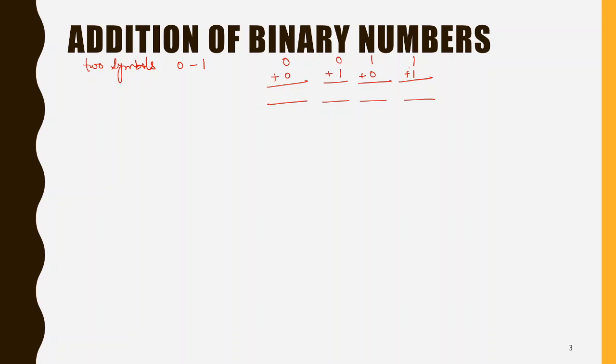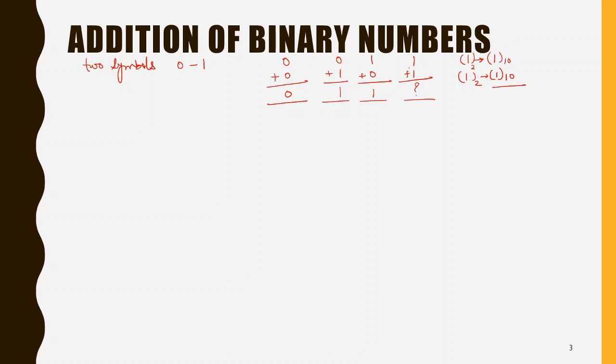When 0 is added with 0, the result is 0. When 0 is added with 1, the result is 1. When 1 is added to 0, it is all the same thing, and the result is 1. This is an important concept to note. Now, 1 plus 1. 1 in binary is 1 in decimal, and the next one in binary is 1 in decimal also.